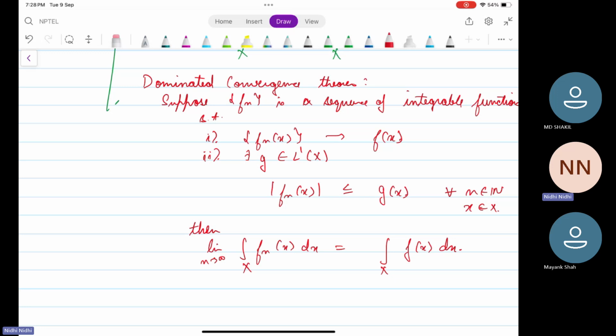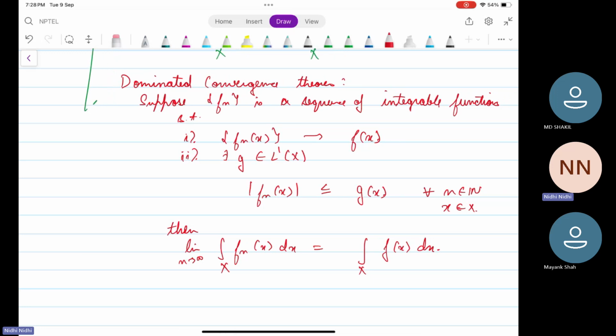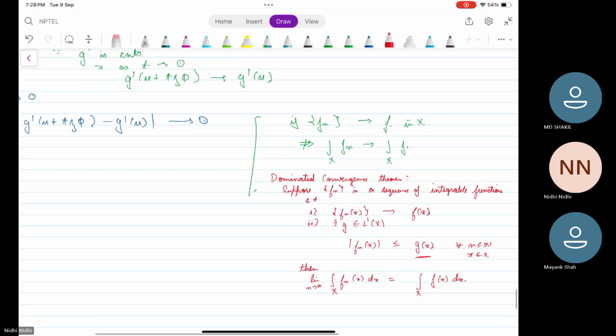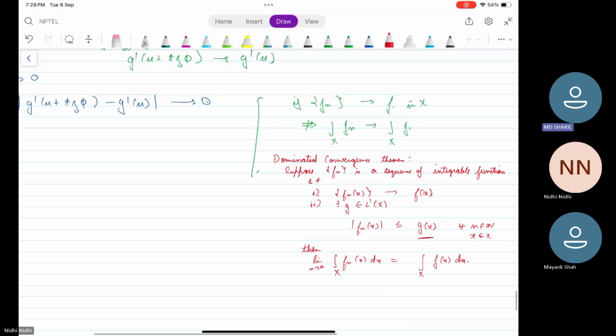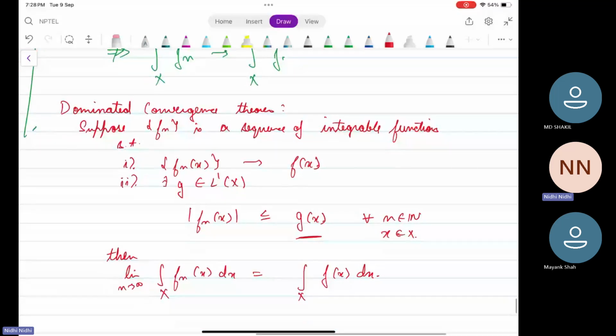Whenever you learn the Lp spaces, the measure theory, you will get to know more about this. This is the main result that we will be using. Basically, we need pointwise convergence and we need some dominating function. Apart from that, if we knew the convergence is uniform, then we need not find a dominating function.